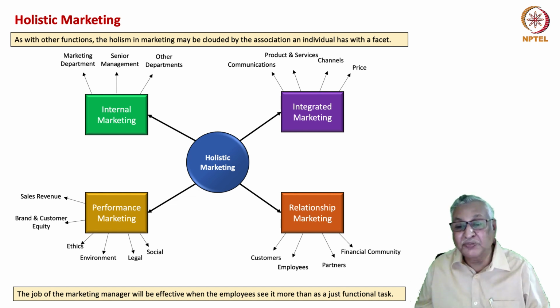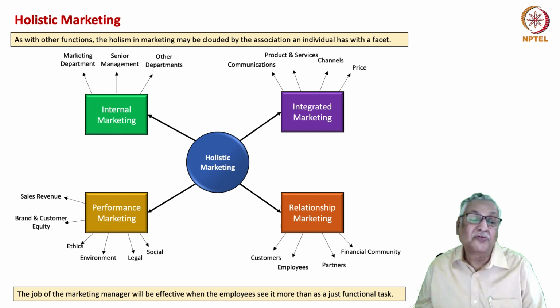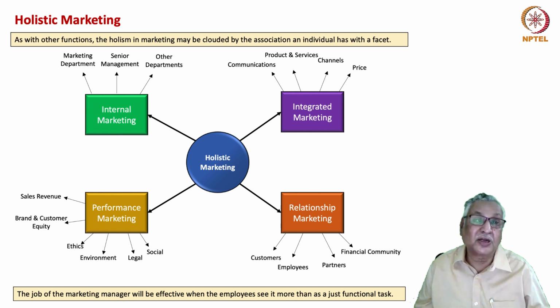And in this relationship marketing, all of us are involved from the organization side as well as from the customer groups side. Customers, employees, channel partners, the financial community, all of these entities are involved. When all the four are seen together, the company will have holistic marketing happening. The job of the marketing manager will be effective when the employees see it as more than just a functional task.